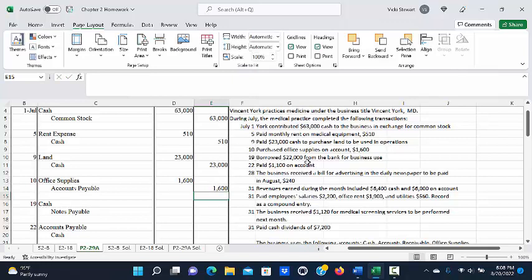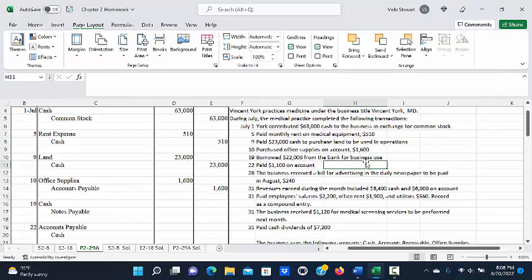On the 19th, it states that we borrowed $22,000 from the bank for business use. So when we borrow money, that means we got $22,000, so that would be our debit to cash. But what would our credit be? Again, you would need to look at the accounts that are given to you in the problem, and we would be looking for a liability.